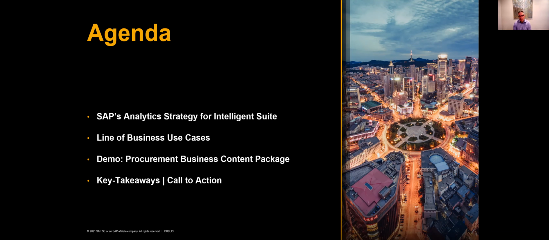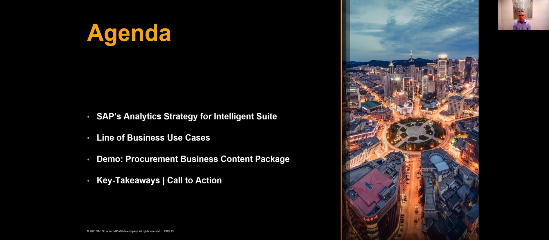We're then going to talk about line of business use cases. We're going to talk through 3 different line of business use cases around customer experience, human experience management, and procurement. And we're going to give some case studies of customers that are using our solutions and using our analytics as part of that.